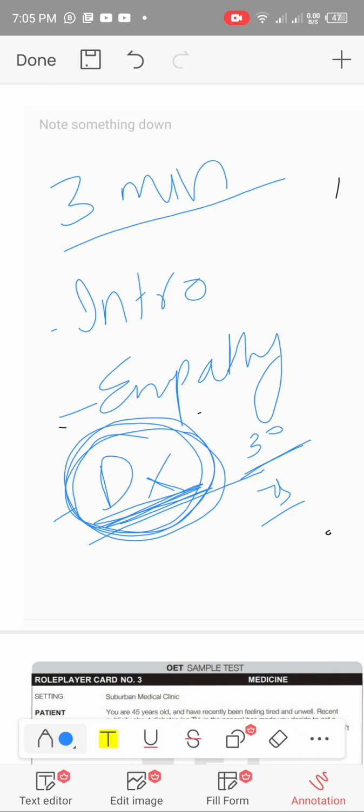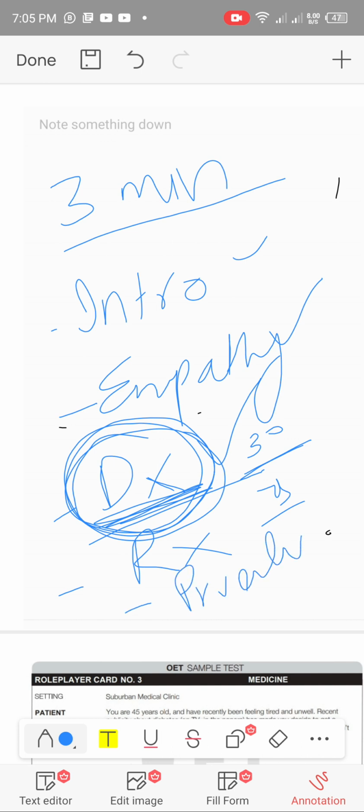So work over the intro, work over empathy. Think about how you're going to tell the diagnosis, and then there will be the treatment, how I'm going to tell about the treatment, and most of the times there are the preventive measures as well, or some CBT or graded exercises. So rather than writing over there, work over these points.